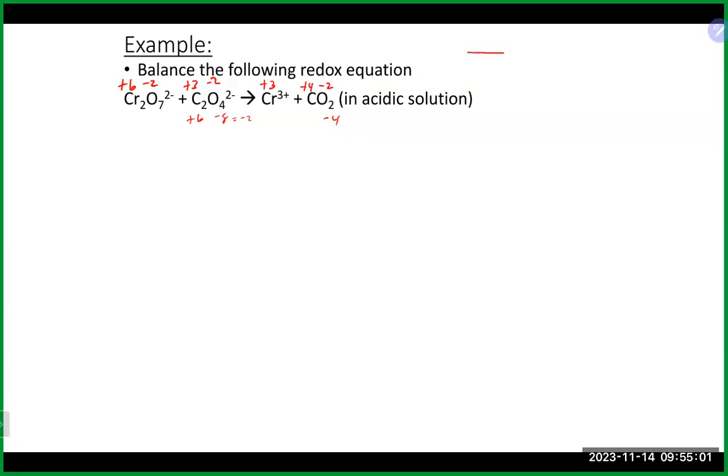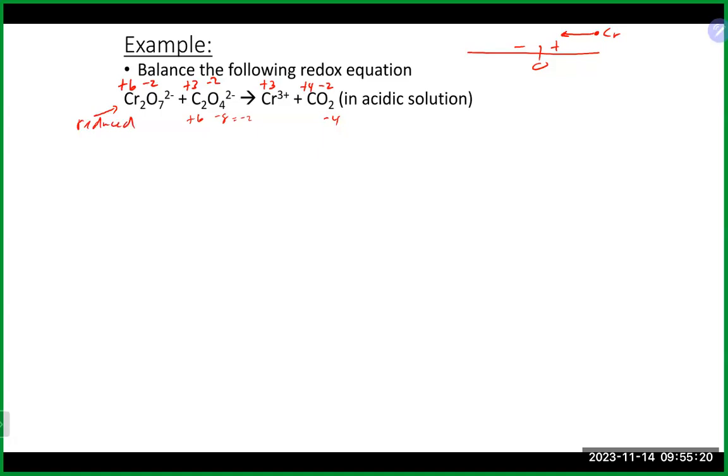So once again, if we look and see what's going on here for our chromium, starting at +6 and ending at +3, which means it is moving in a negative direction. So it is being reduced in this case.